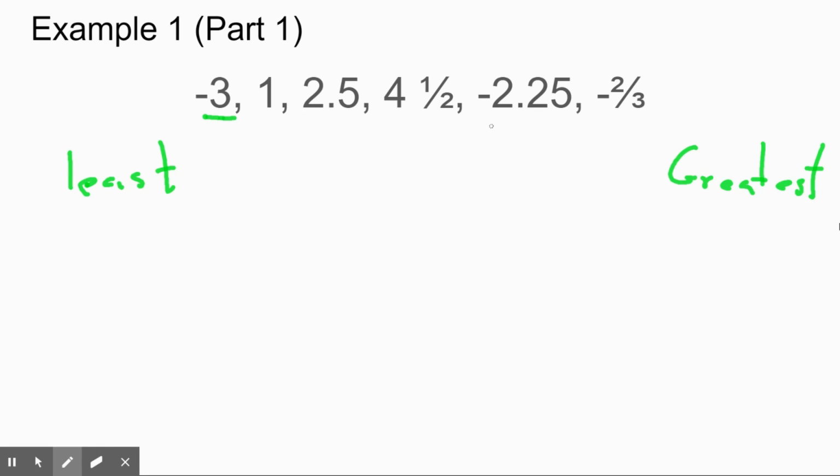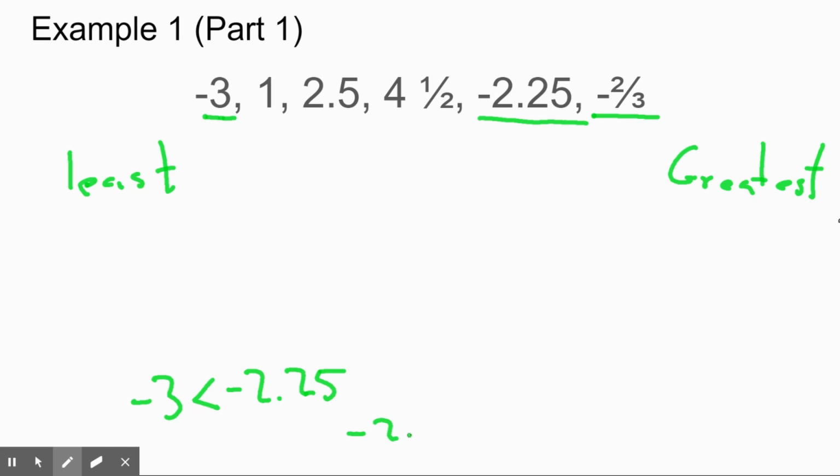So we see we have a negative 3, we have a negative 2.25, we have a negative 2/3. So if I think about how I could compare all of those, I could say that negative 3 is going to be less than negative 2.25, sorry, which means negative 3 is going to be smaller than this.